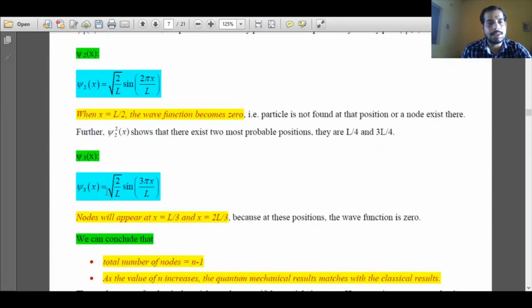And for the third state also, if I substitute x is equal to L over 3 and x is equal to 2L over 3, then my wave function will be vanishing. For L by 3 I'll get sine pi, and for 2L over 3 I'll get sine 2 pi, and in both cases the wave function will vanish at x is equal to L by 3 and x is equal to 2L over 3.